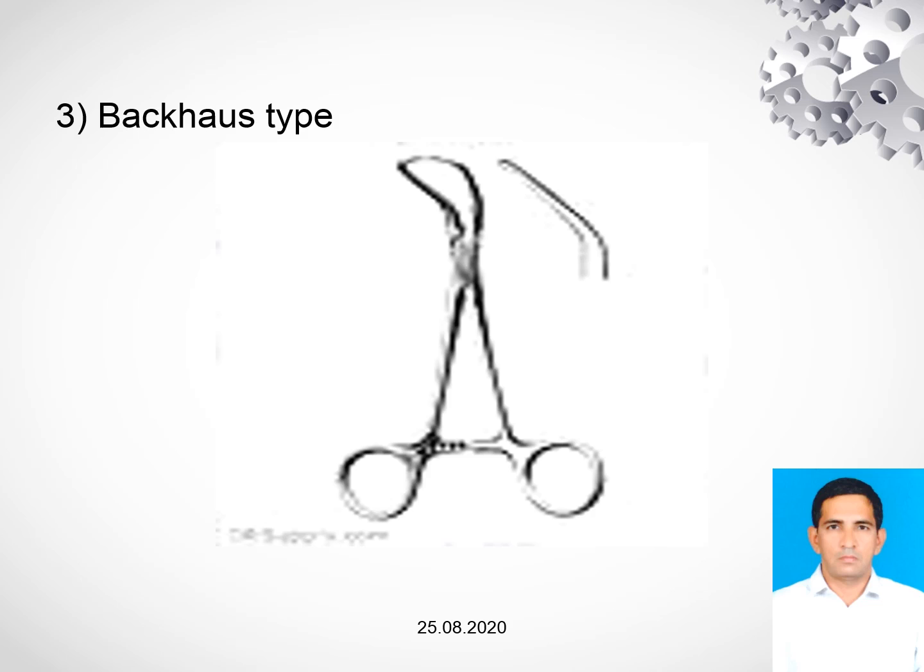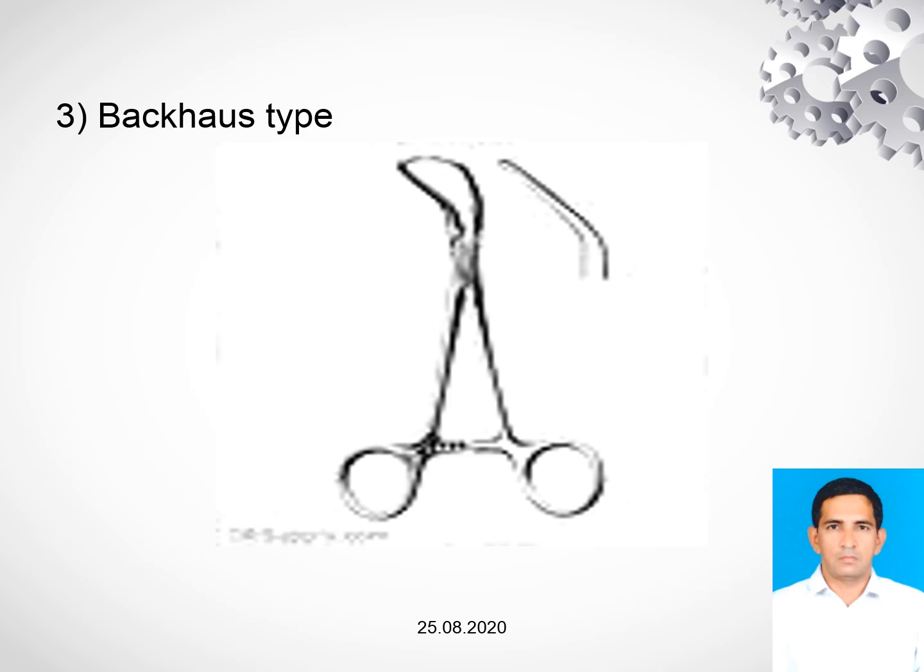The reusable Backhouse towel clip is made using a high quality metal which allows it to be sterilized and withstand heat and pressure. Disposable ones can be used once and thrown away. Both kinds have their own disadvantages.